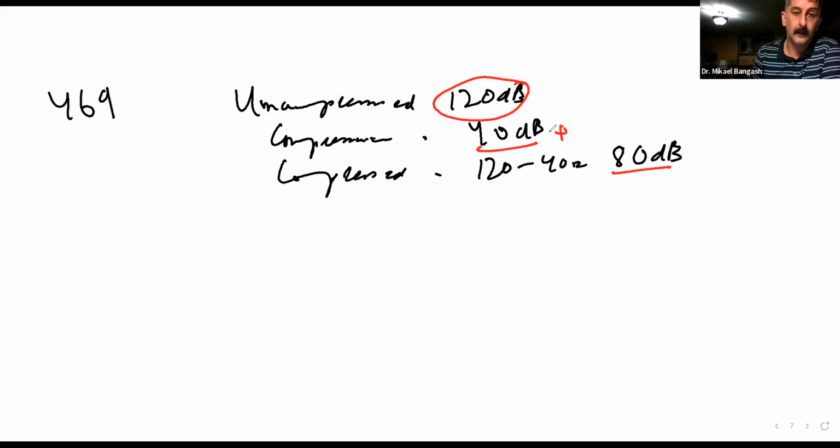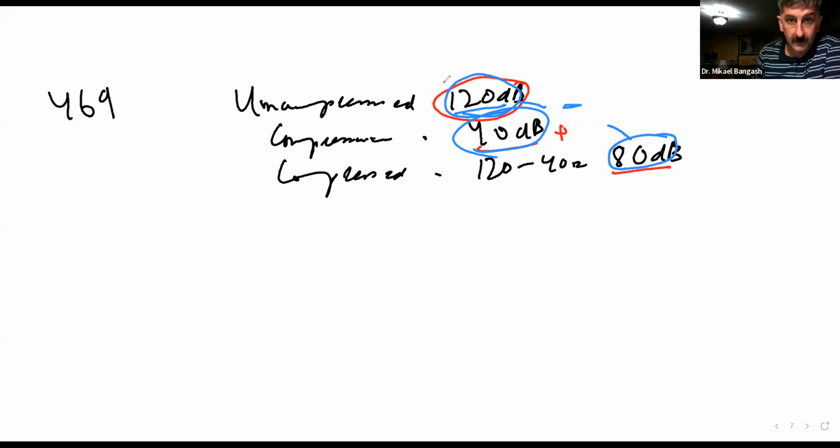Clear? Or had they still given us this value here and this value here, we will still have subtracted these two to get this. Did you girls get that?